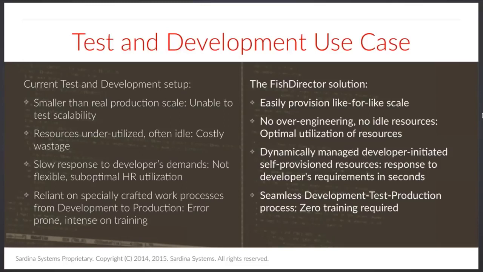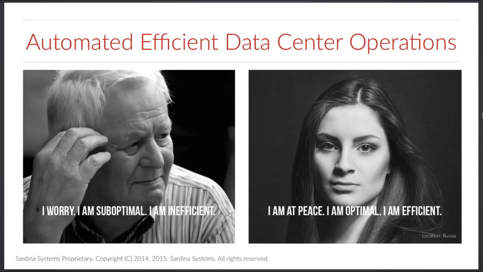And this can be done with zero training required. Response to developers' requirements, seconds. What we want to do is to take you from the worry, suboptimal, inefficient state into a state of Zen.